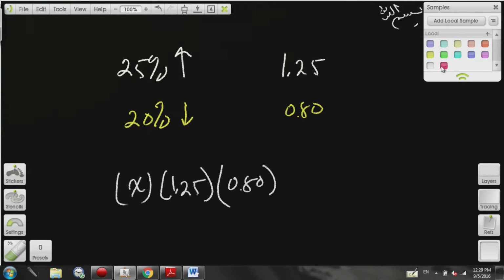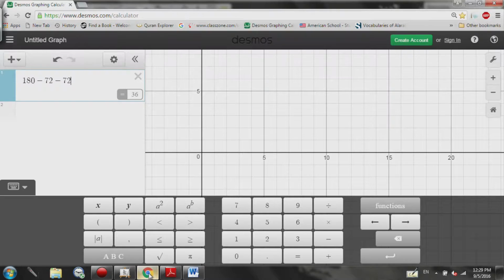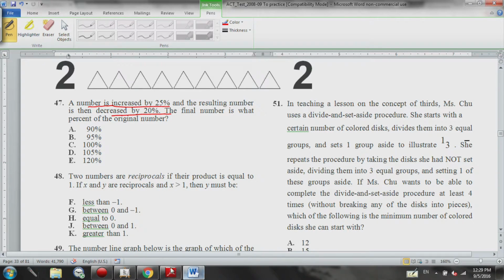So all you have to do is multiply these two numbers and you'll get the value. So what is 1.25 times 0.8? It's 1. So the answer is 100%. You get back to the original price.